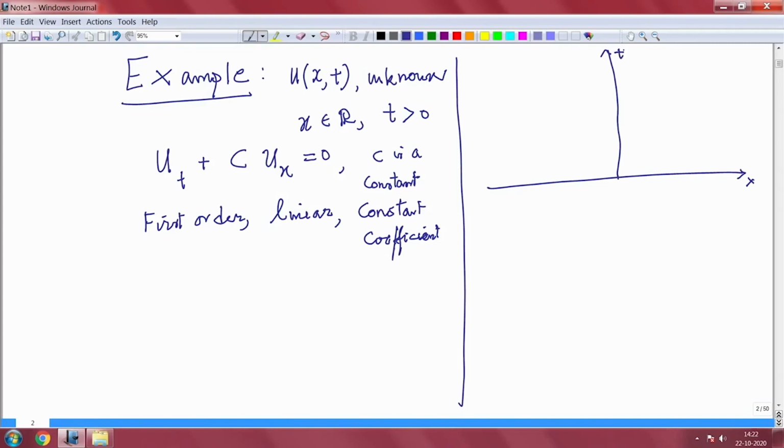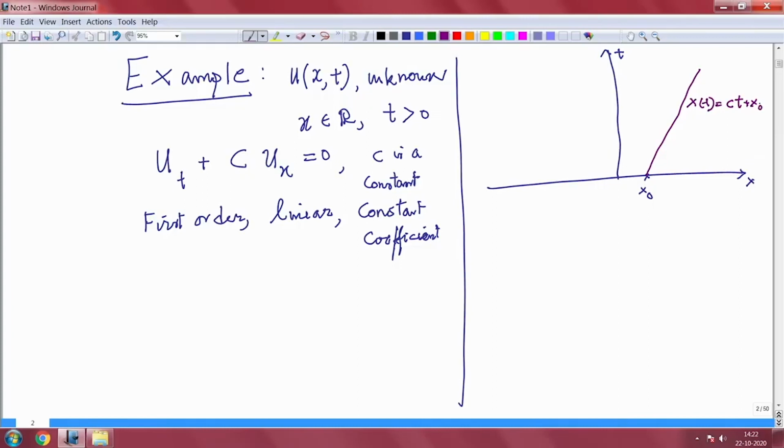What I am going to do is introduce a curve. I take a point here, x naught, and through that point I will draw a line. That line is nothing but x(t) equal to c t plus x naught.